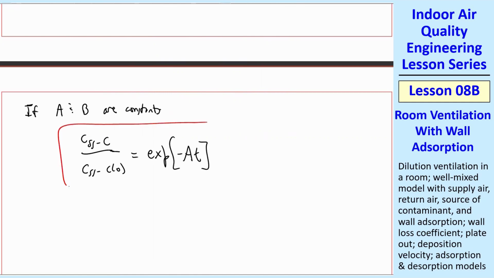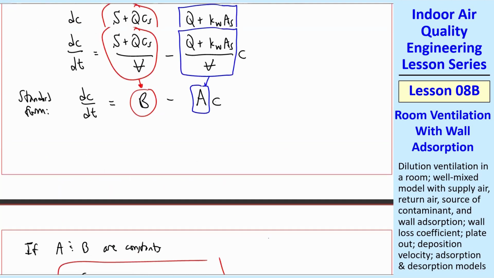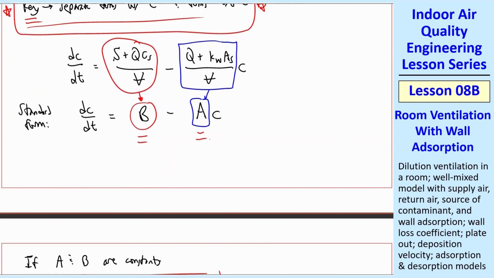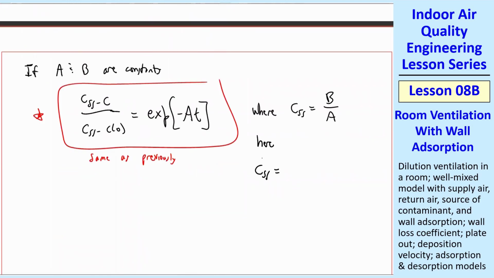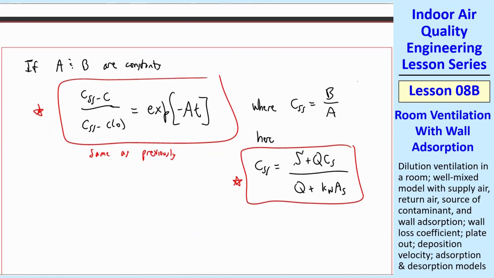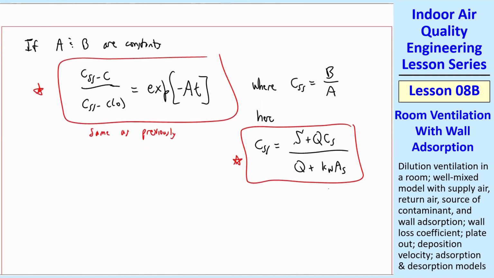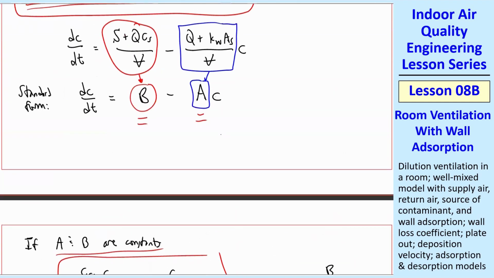It's the exact same equation we had before. So that's why in all these kind of first order problems, once you get A and B, you're home free because you can just plug them into this equation. CSS itself is B over A. Here, it turns out that CSS is equal to (S plus Q CS)/(Q plus KW AS). So this is again the same as previously, except we have this extra term due to the wall losses. You have this equation only if A and B are constants. If A and B are not constants, we still solve this equation, but we have to do it numerically.